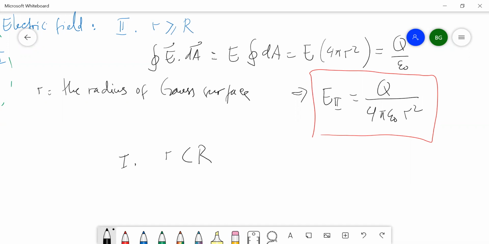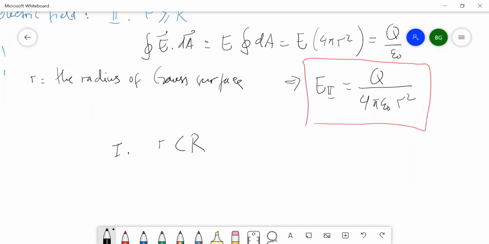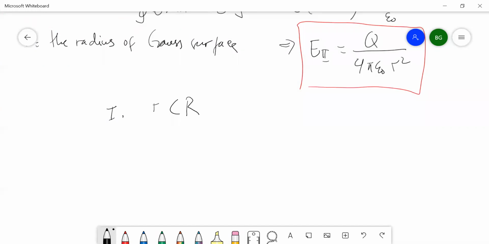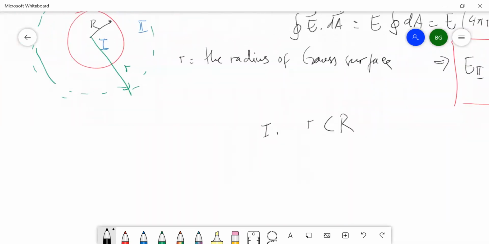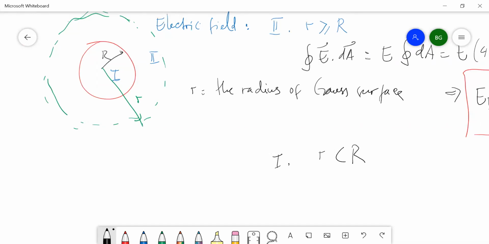Again, little r is the radius of the Gauss surface, and capital R is the radius of the sphere. So what about little r less than capital R? We make the Gauss surface inside the sphere.